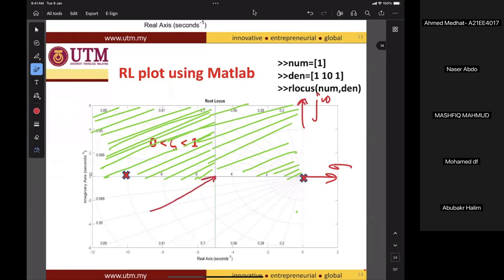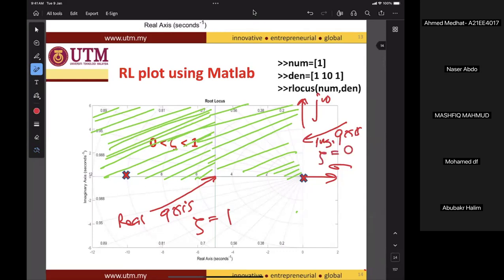This axis, the real axis, is where zeta is equal to 1. And this axis, the imaginary axis, zeta is equal to 0.